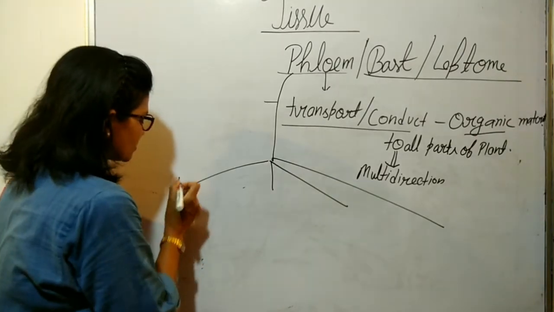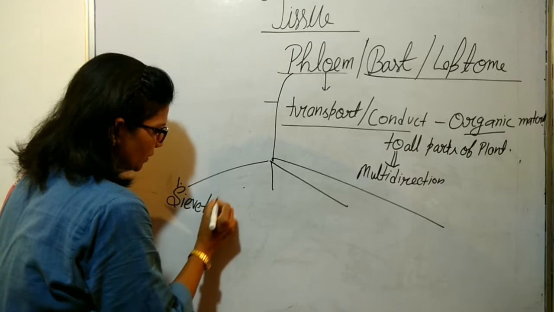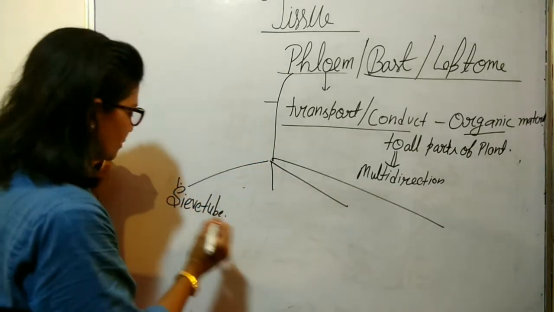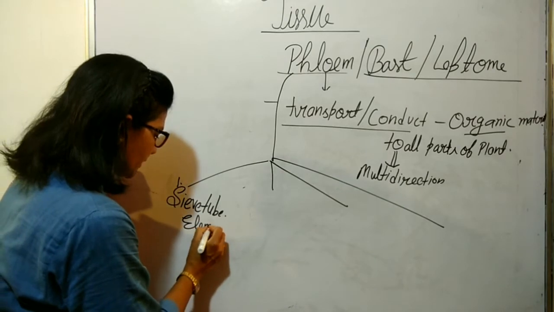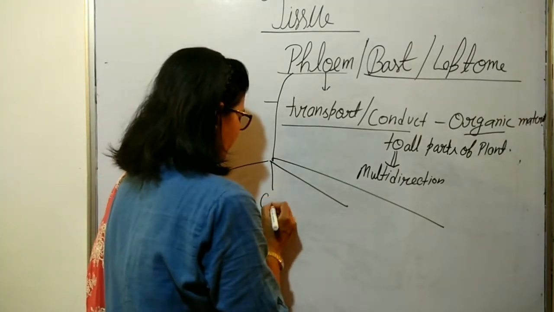So its first component is the sieve tube element. Second is your companion cell.